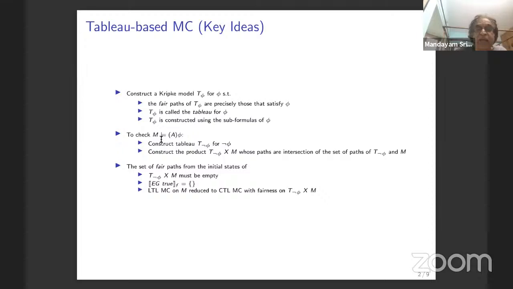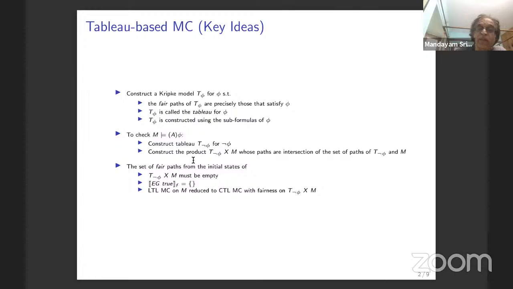So to check if phi is satisfied on all paths originating from any of the initial states, this is the model checking problem. What you do is you construct the tableau T naught phi, that is for the negation of formula phi.